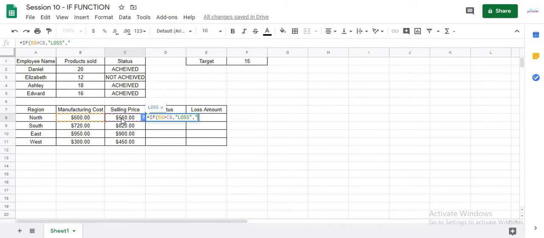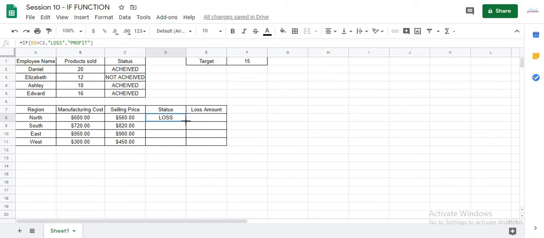If not, I want it to reflect as profit. Close the bracket and enter. If you see, the manufacturing cost of the products here was $600, whereas the selling price was $560. Hence the status is reflecting as loss.